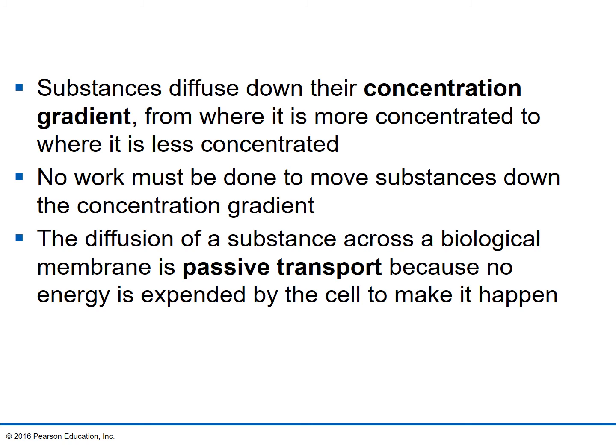We call this action diffusion going down the concentration gradient. There's no energy required for it to happen. This is just a phenomenon that we have noted as we've observed solutes move. And passive transport is what we have observed when solutes move across the cell membrane.